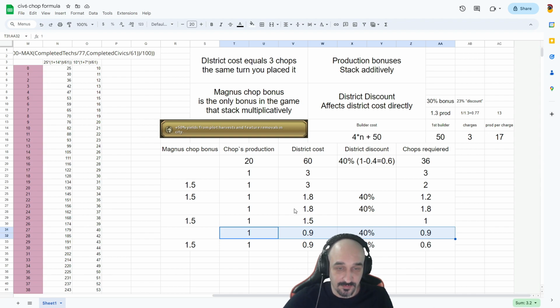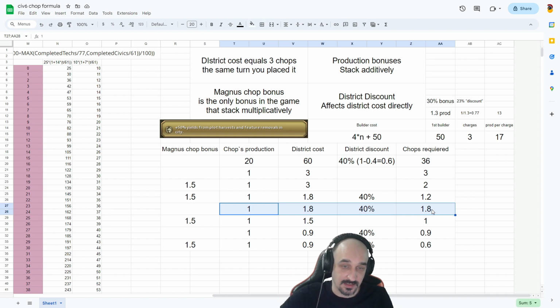You'll build these cheap districts all over the place, like double discounted campuses, maybe even three discounted campuses. Yeah, I think it's possible. Two discounted campuses, for example, two discounted, I don't know, industrial zones, two discounted encampments, two discounted theater squares. It depends on what unique districts you have, but in most cases, everyone's bound to the commercial hub.